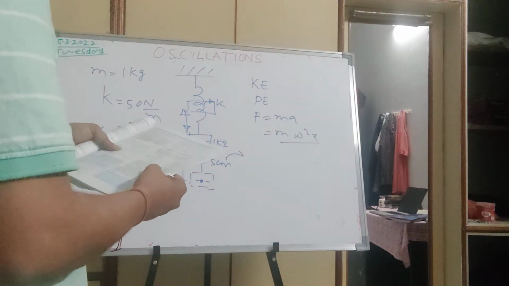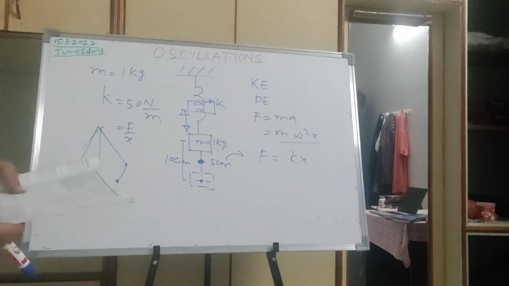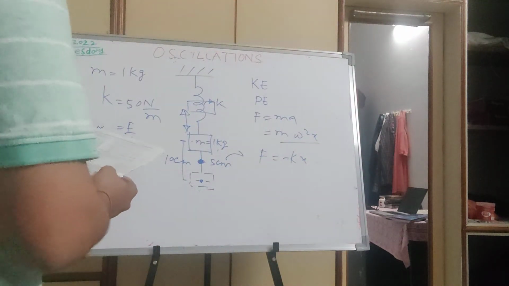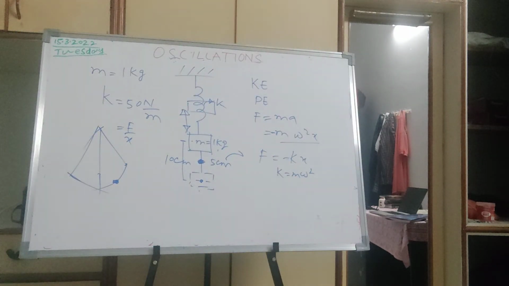That is one expression. And F is also equal to kx, so minus kx and minus m omega square x. When you compare everything, k becomes equal to m omega square, so omega becomes square root of k by m.